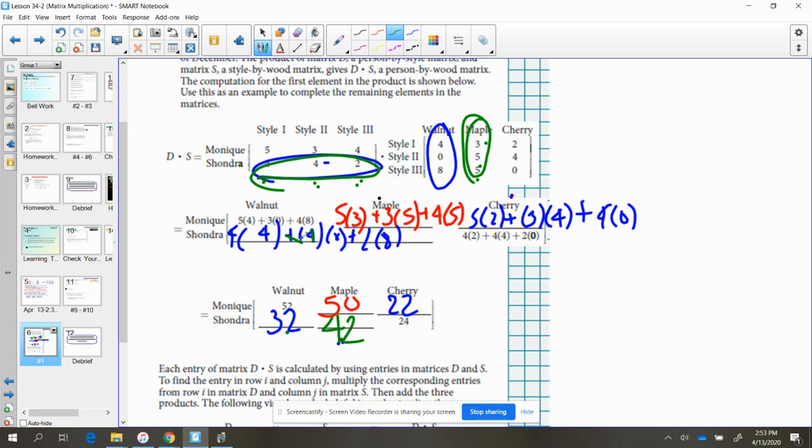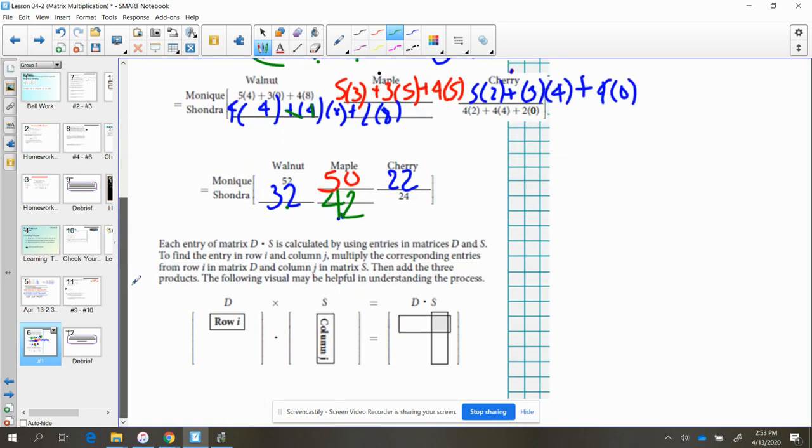Okay, so notice as we look for the entry here in row 2, column 1, we needed row 2 times column 1. And when we wanted row 2, column 2, we needed row 2 times column 2 to find those values. Okay, so that's the operation that they're trying to put in the picture there.